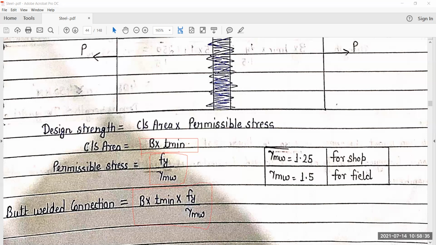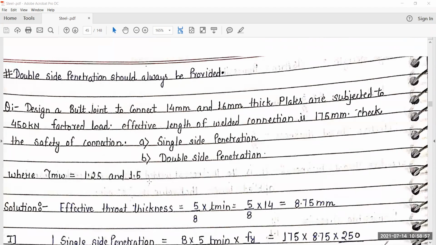Then we take the value for gamma mw 1.25 for shop and gamma mw 1.5 for field. So this is the value of design strength. Okay. Then double side penetration will always be provided.